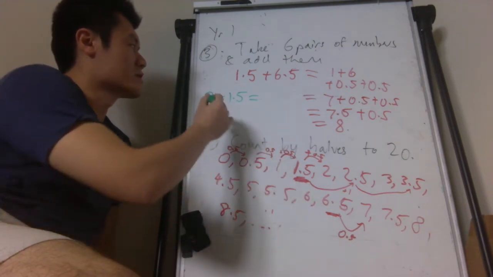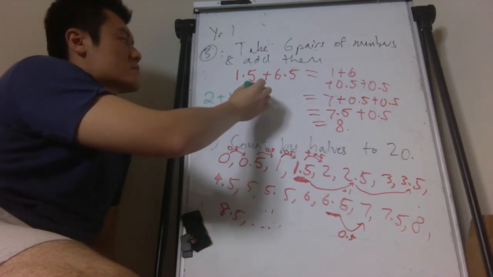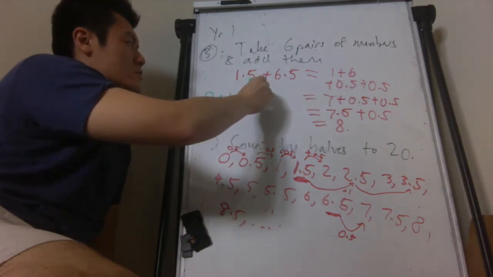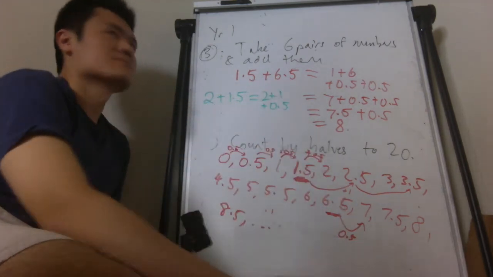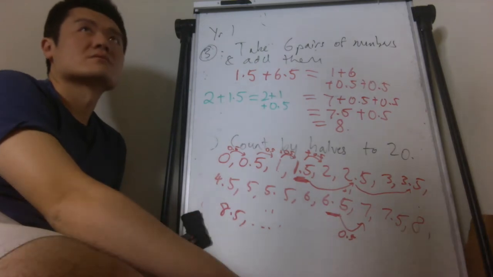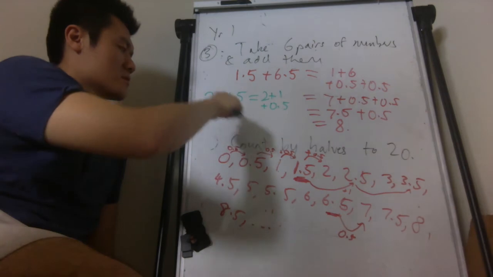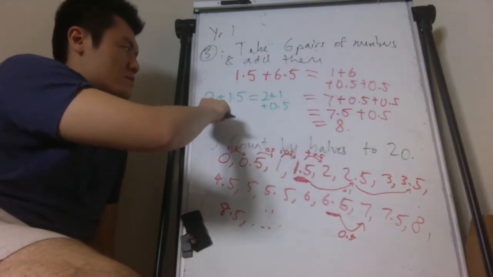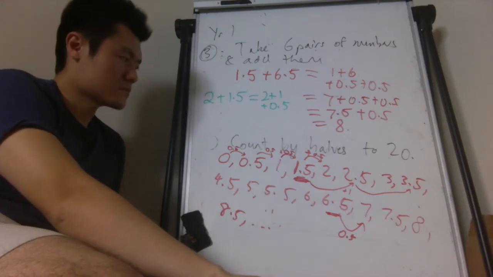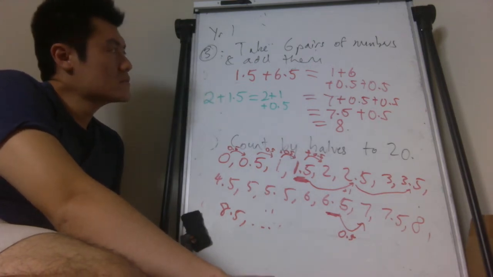Remember we were saying we can add the 2 and the 1 first, so you get 2 plus 1, and then you can plus the 0.5 separately. So that's one way of doing it. Or you can think of 1.5 and count by 0.5, 3 times from 2. When the arrows are there, it's like when you're counting, you're jumping to the next number.